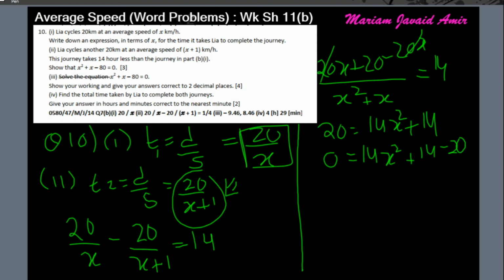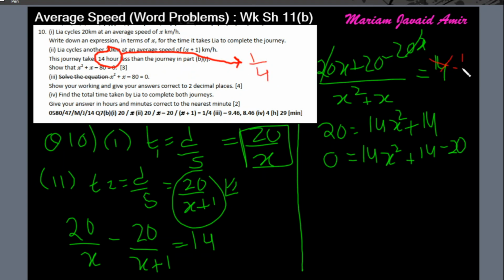Yikes, there's a typing mistake in the question and it wasn't 14 hours. This is supposed to be 1 by 4 hours. So make this correction. I'll fix it in the original file as well. This is 1 by 4.